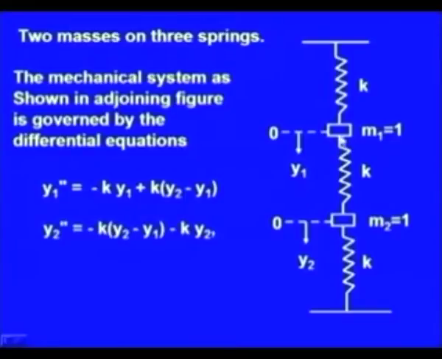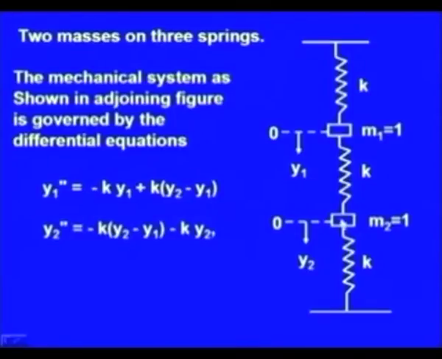Now, because of the mass m1, let us say at time t, the displacement in this first spring is y1. So, the k y1 force, that is the spring force, will act upwards, and this mass m1 will compress this lower spring. Okay.